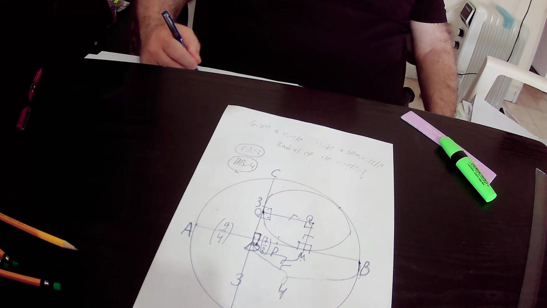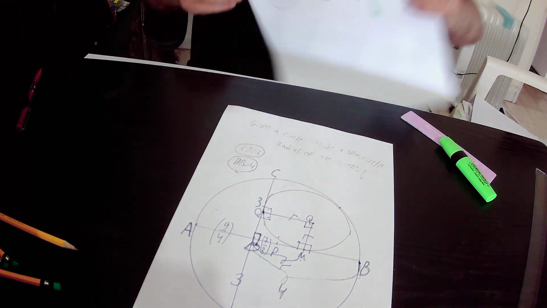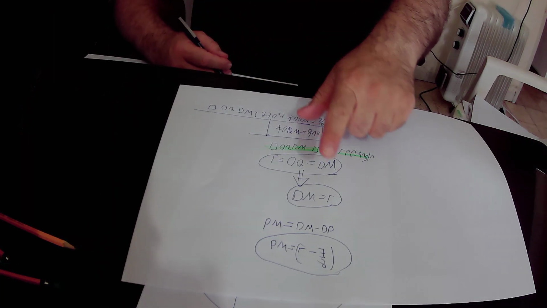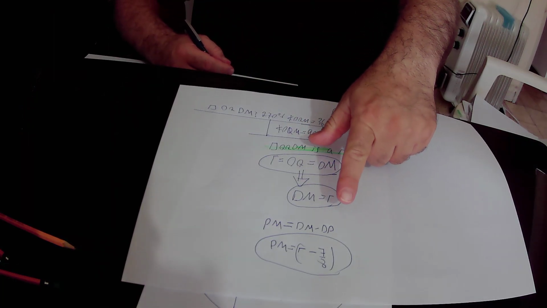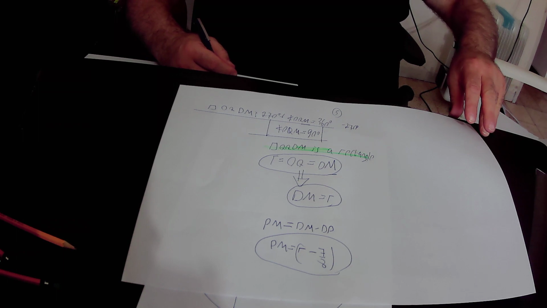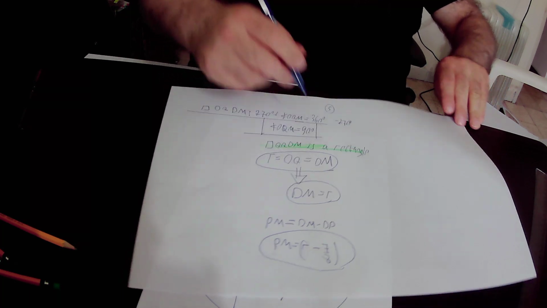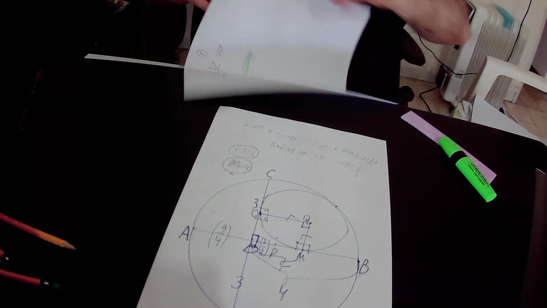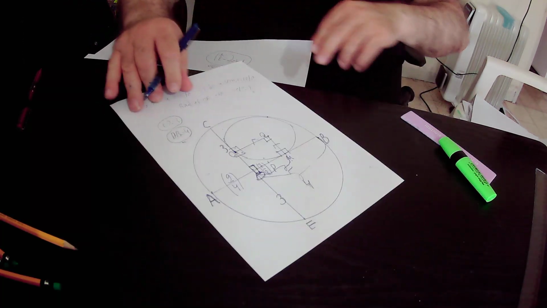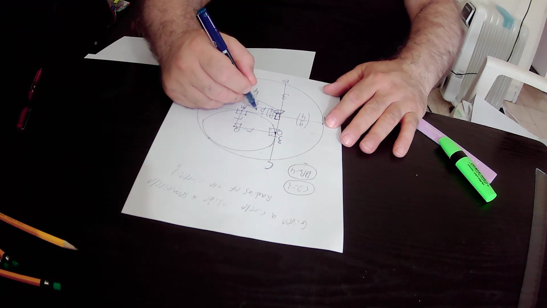So in conclusion, the length of line segment PM equals r minus 7/8. So we can write here that PM equals r minus 7/8.